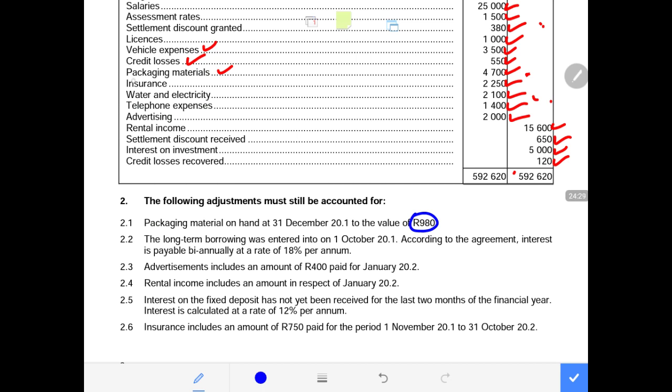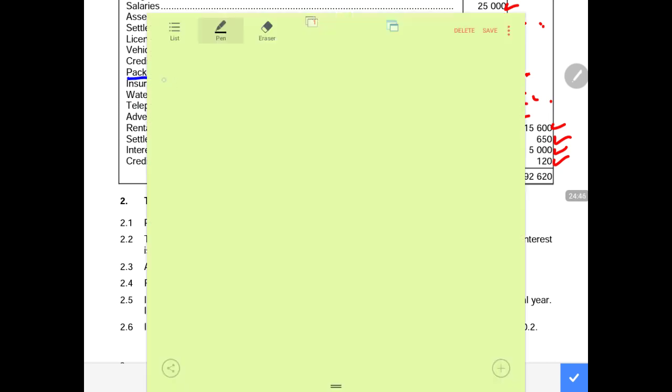And previously we bought our packaging materials during the year and it was recorded under the packaging material expense account. So now this is the material that was bought during the year.